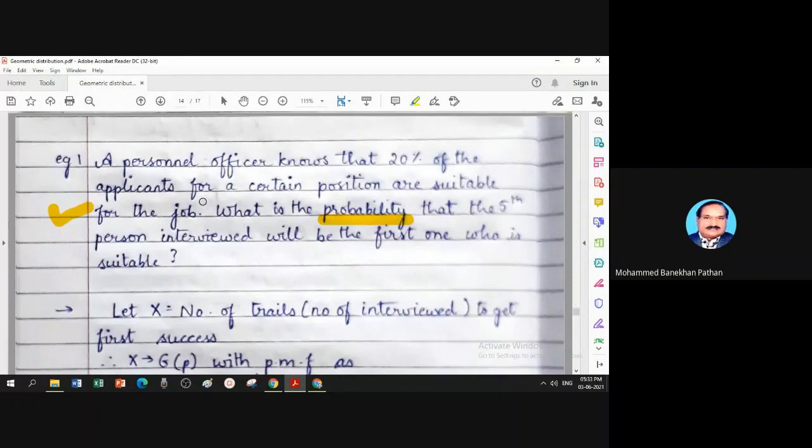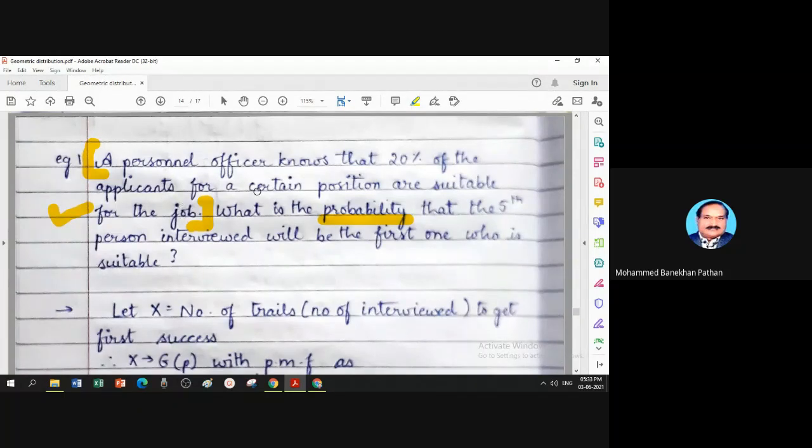What does this first sentence tell you? It gives the information about what is happening in the population. The sentence says that 20% of the applicants are suitable for the job.